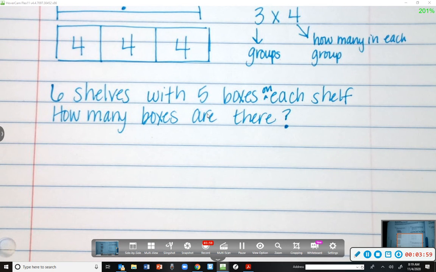Think about how many groups you need to have. Six shelves with 5 boxes on each shelf. Drawing a strip diagram.